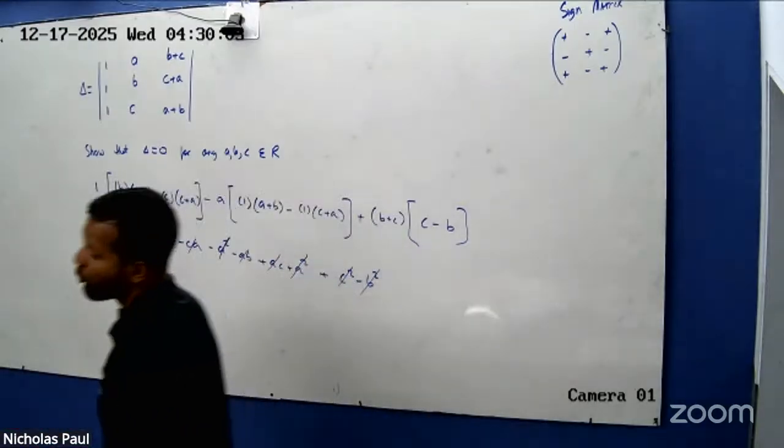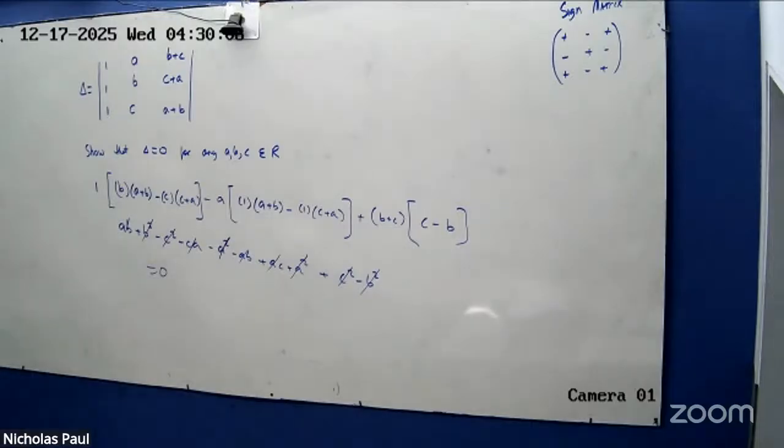Take these rules down. Whenever you're finding a determinant, you have some rules to follow. Write it down.